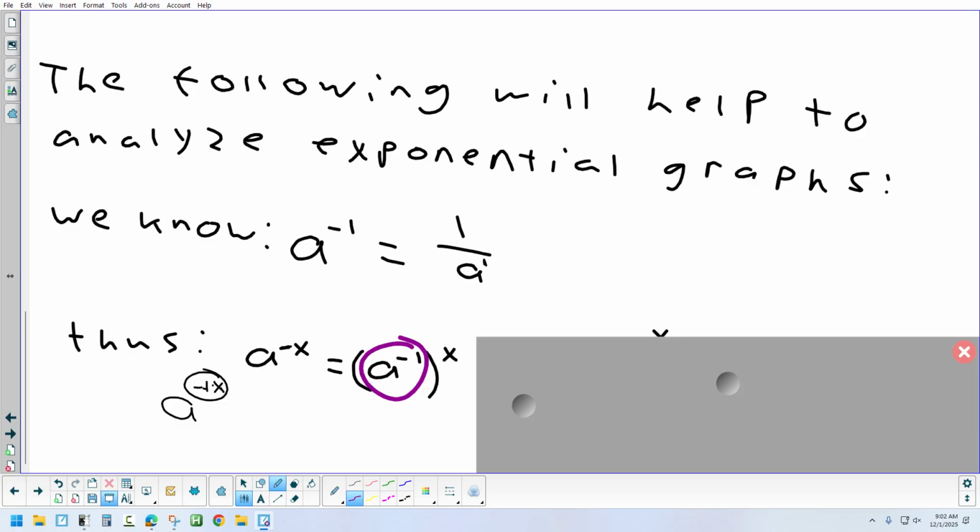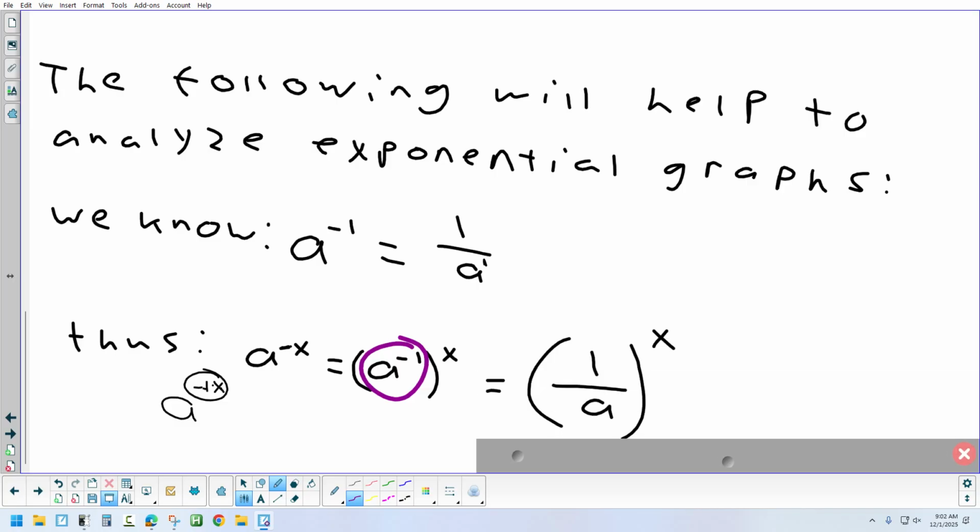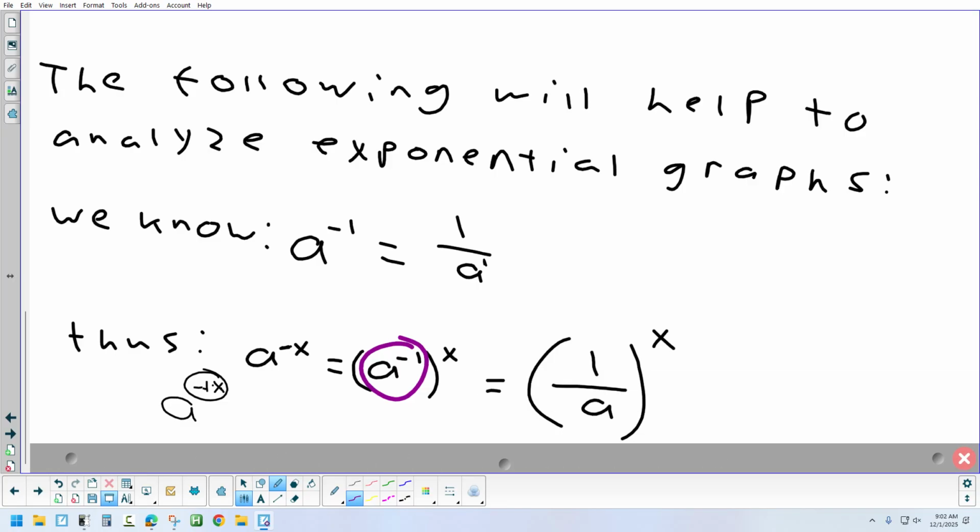One over a. So anytime that you raise something to a negative power, if you want to get rid of this negative, which we do, all you have to do is take the base and flip it, and then the exponent becomes positive.